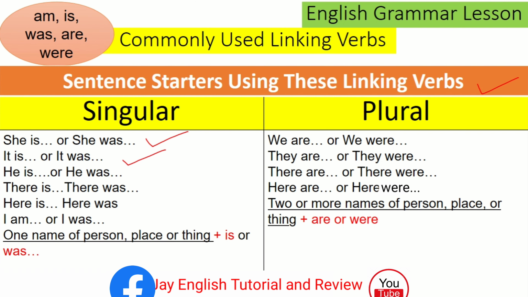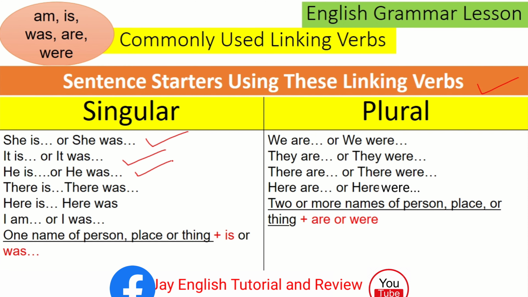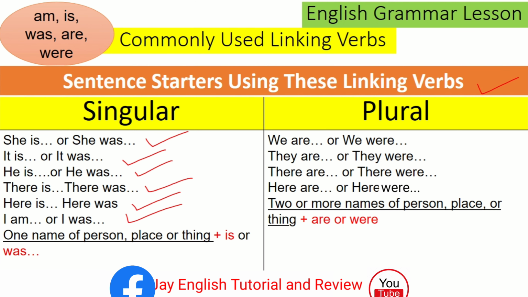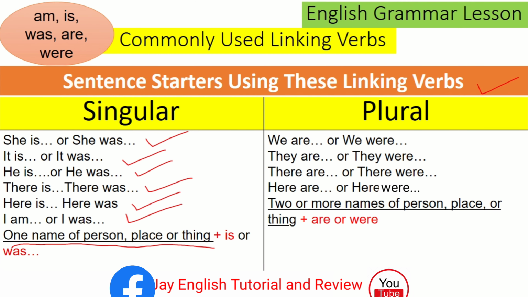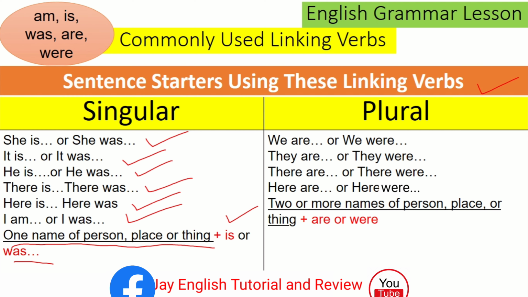It is or it was. He is or he was. There is or there was. Here is or here was. I am or I was. Or you can have one name of person, place, or thing. Any name of person, place, or thing. Just one. Then pair it with is or was if it is in the past tense.